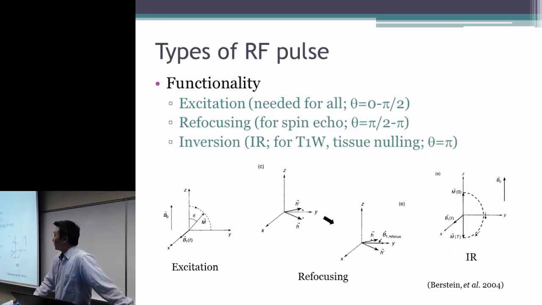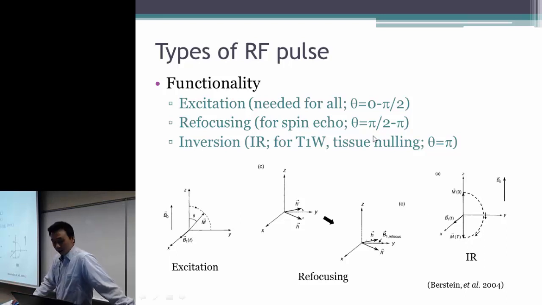Okay, so there are many types of RF pulse. RF pulse design is a very important and very large subfield of MRI. So I'm only showing some of it, looking at the RF pulse from different points of view.